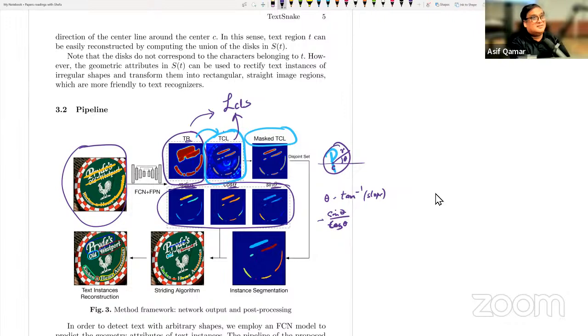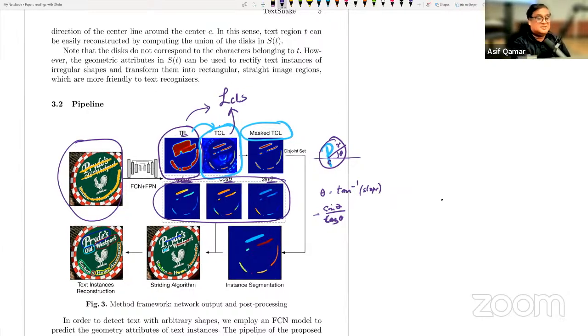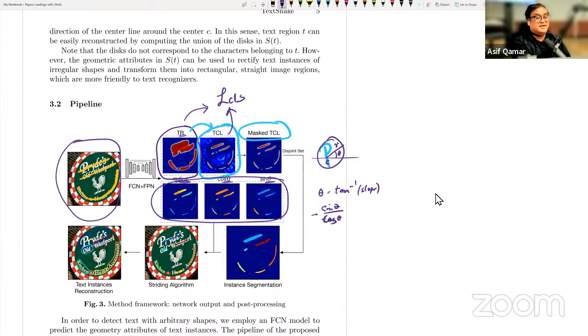Bright blue means text is there, and much smaller text is in the curved phase. We are trying to estimate the radius. The radius estimation is pretty good, but radius is a what? A number, right? So it's a regression loss problem. So radius, cosine, and sine will contribute to a regression loss.